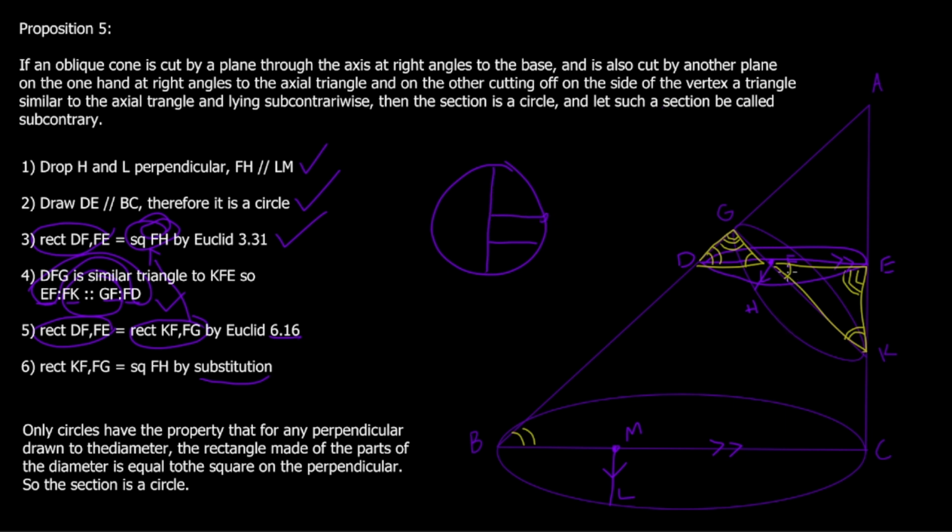So we could have dropped the perpendicular FH anywhere along this line GK, and we could have, that's how we constructed it, and it would have retained this property, then we know that this shape GHK can only be a circle. So I've written out here, only circles have the property that for any perpendicular drawn to the diameter, the rectangle made of the parts of the diameter is equal to the square on the perpendicular. So the section is a circle. So that's QED.